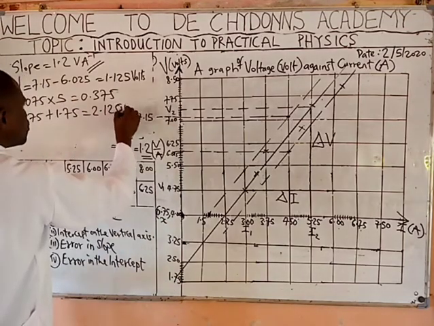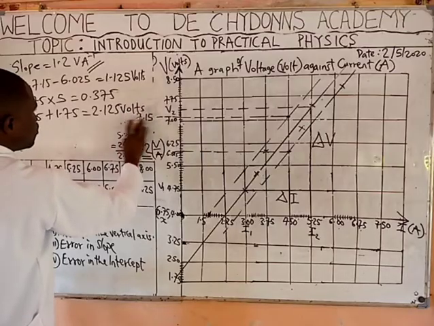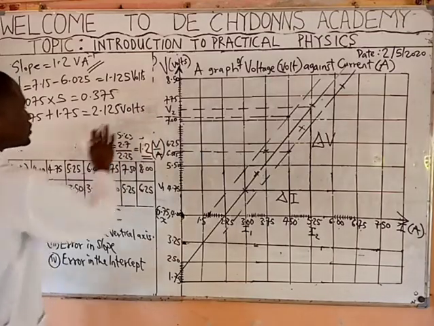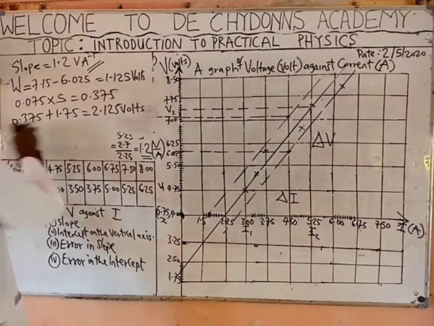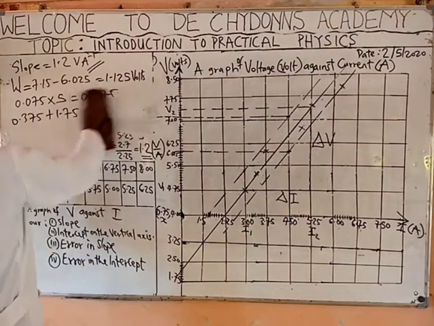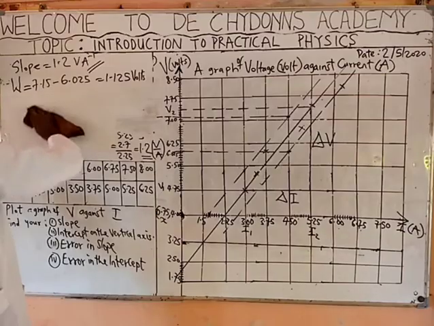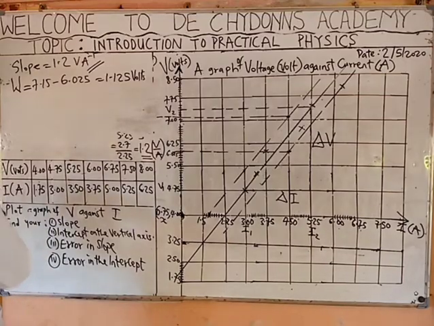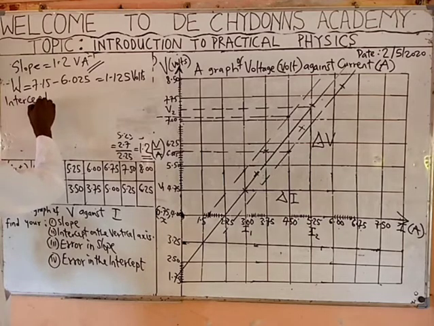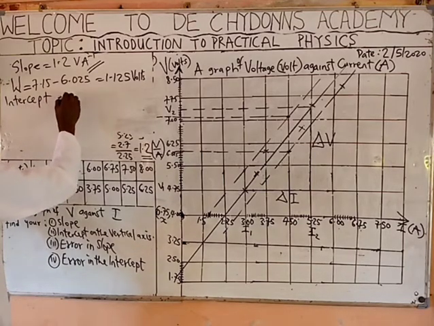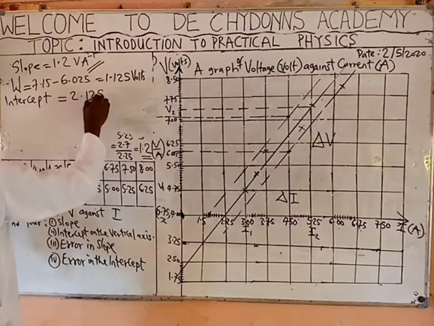It is in volt. Don't forget to put the unit. So after getting it, we have seen that the intercept on the vertical axis is equal to 2.125 volts.